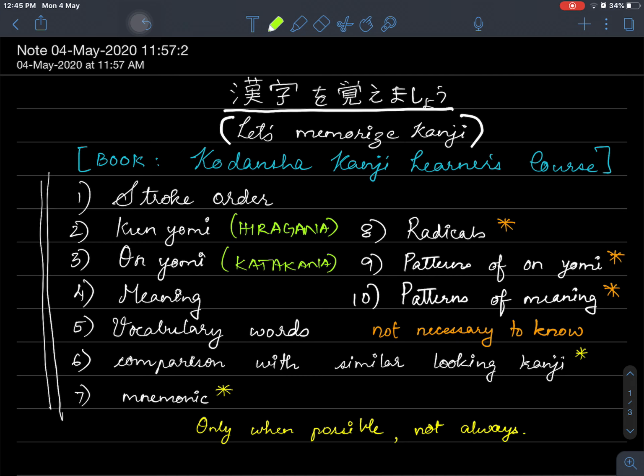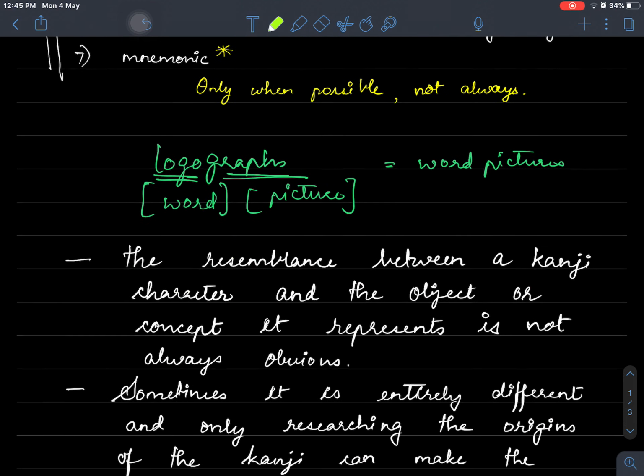But the idea is that hiragana and katakana have to be done by the viewer themselves. We will not be covering those aspects in this course. That is, we will not be going through how to write hiragana, katakana, how to read them, or what each of those characters mean. I will simply go ahead and use those respective scripts to represent the kunyomi, onyomi, and to write words wherever it becomes necessary.